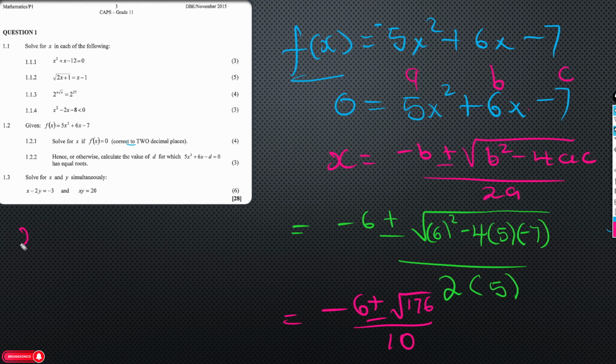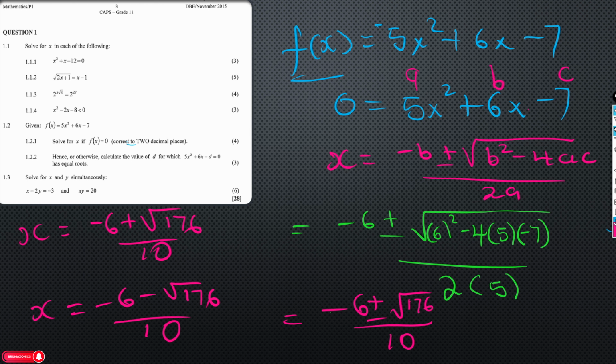So now x is equal to, I will start with the positive one, which is negative 6 plus the square root of 176 all over 10, and then the other one will be x equal to negative 6 minus the square root of 176 all over 10. So now this is our final answer, where we get the ones with decimals.